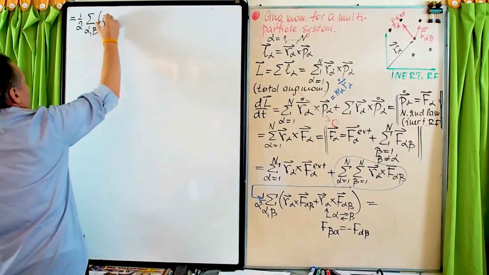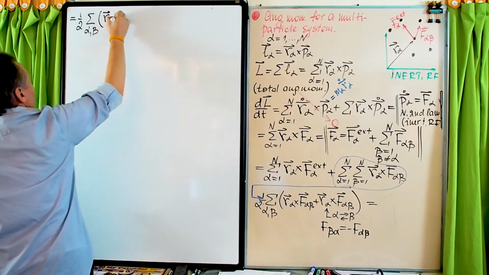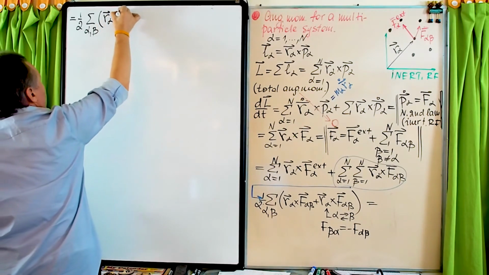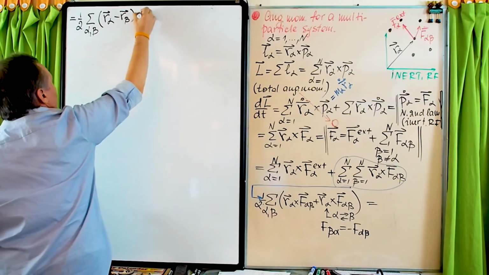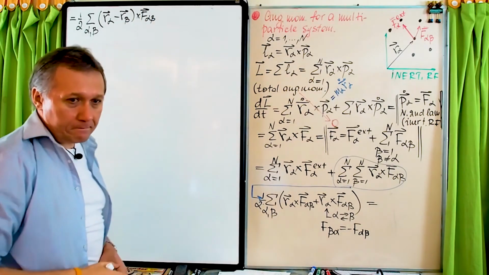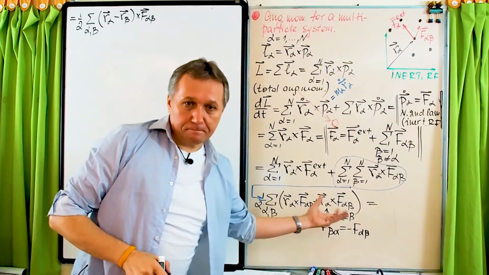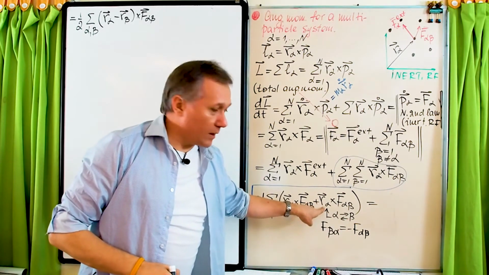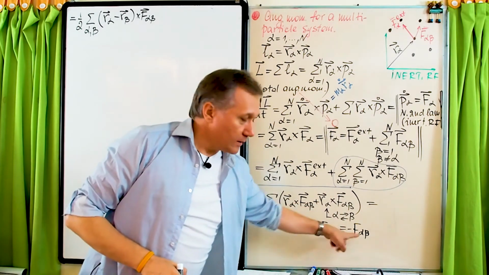So it will be R alpha minus R beta crossed with F alpha beta. Again, that minus, and here it's R beta and F alpha beta.